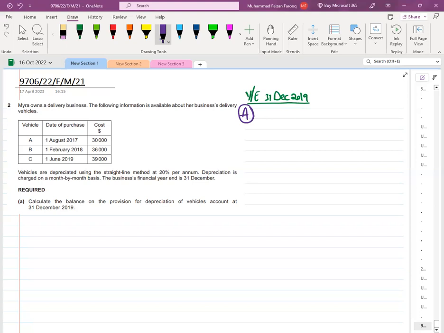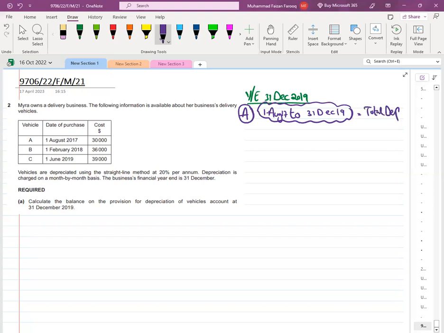Is it 1st of August? Yes, 1st of August, straight line, no? So it's very simple. From 1st of August till 31st December 19, you need to compute depreciation, which is your accumulated depreciation, the total depreciation.